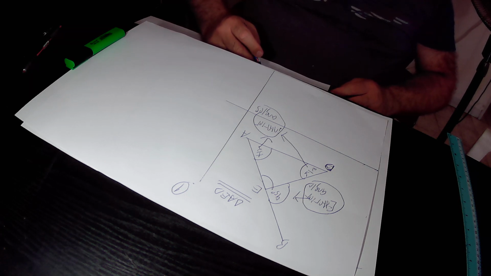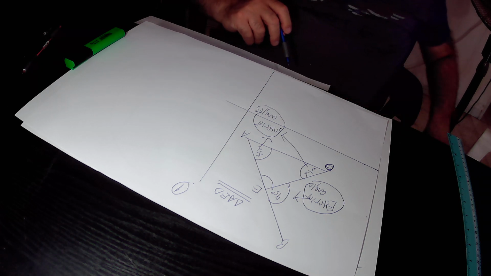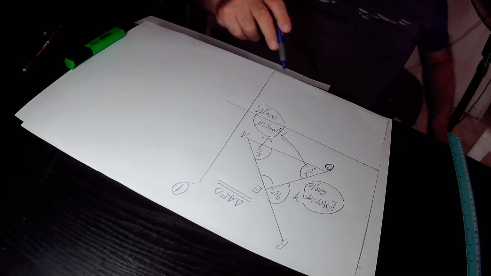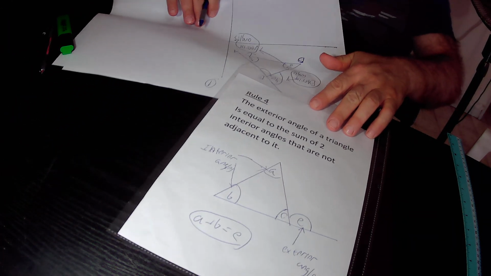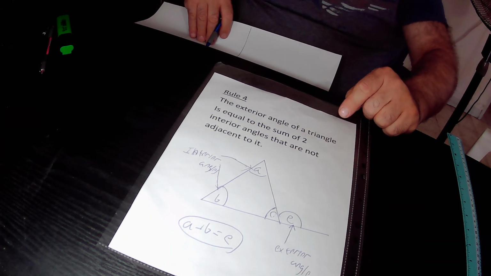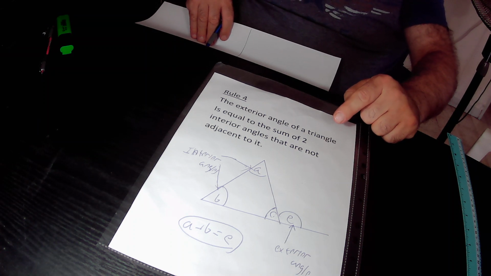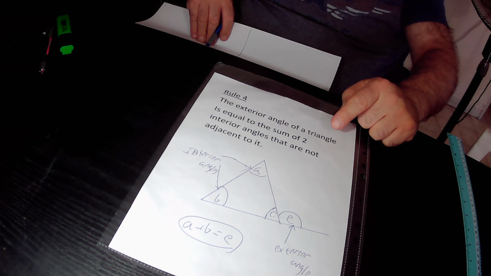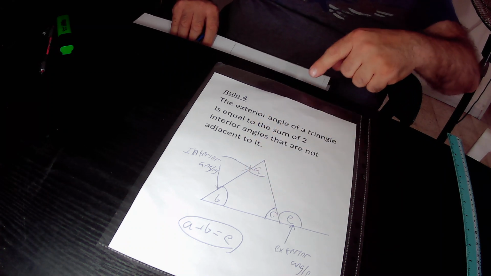So in the next step, I will present to you rule 4, and we will implement rule 4 in our drawing, in this triangle ADE. According to rule 4, the exterior angle of a triangle is equal to the sum of the two interior angles that are not adjacent to it. So in the drawing we have this triangle.